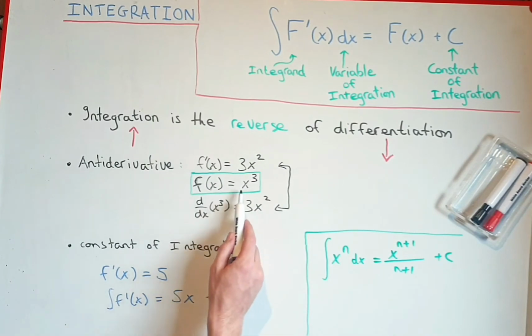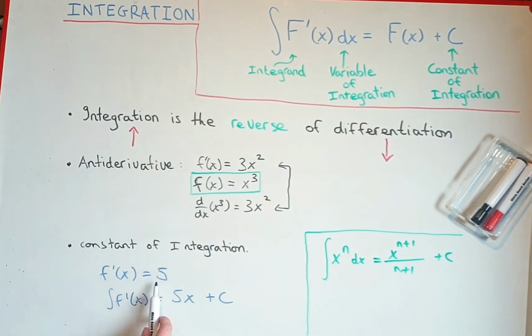Now, going back to this, we have the differentiated version, so we know if we were to differentiate 5x, we would get 5. So we know that it's the antiderivative, because if we differentiated 5x, we would get 5. But what if I said, okay, the antiderivative might be 5x, but what's the differentiated result of 5x plus 4?